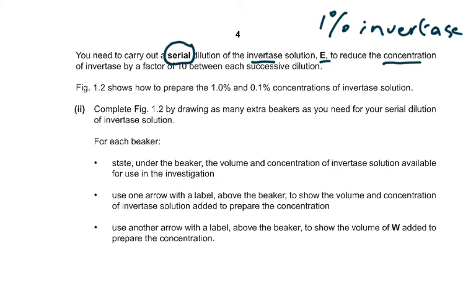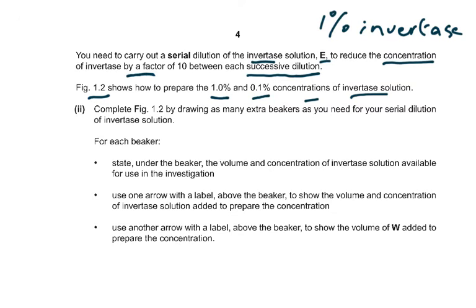To reduce the concentration by a factor of 10. So it's a serial dilution, and you need to reduce by a factor of 10 between each successive dilution. Then you have the next figure, where they prepare the 1% and 0.1% concentrations of the invertase solution.